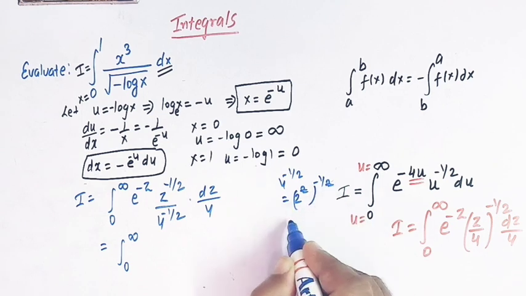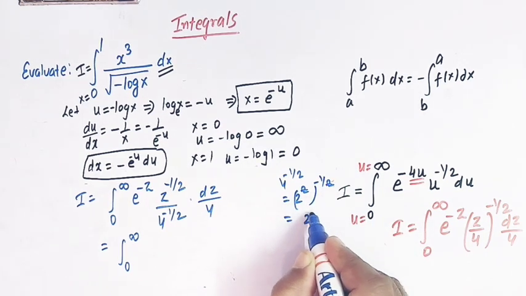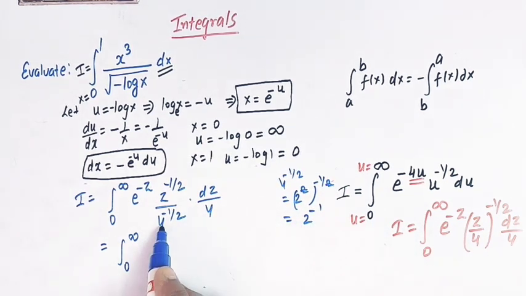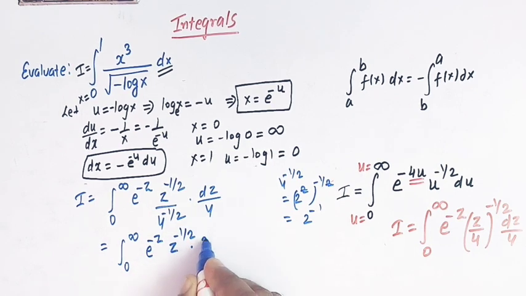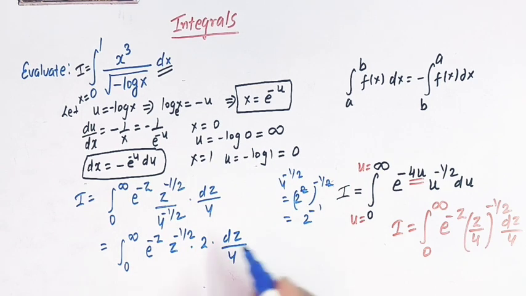So 2 and 2 get cancelled. So we have 2 raised to minus 1, and we can take 2 raised to minus 1 to the numerator. So we have e raised to minus z, z raised to minus half. Here we have 2, then we have dz over 4, right? So 2, and we can cancel this 4 by this 2.